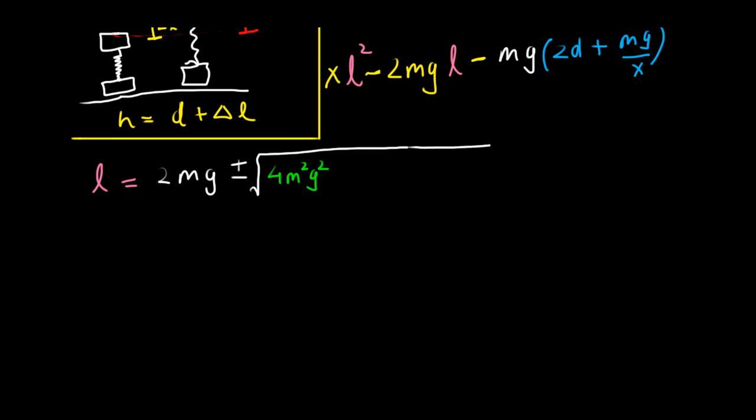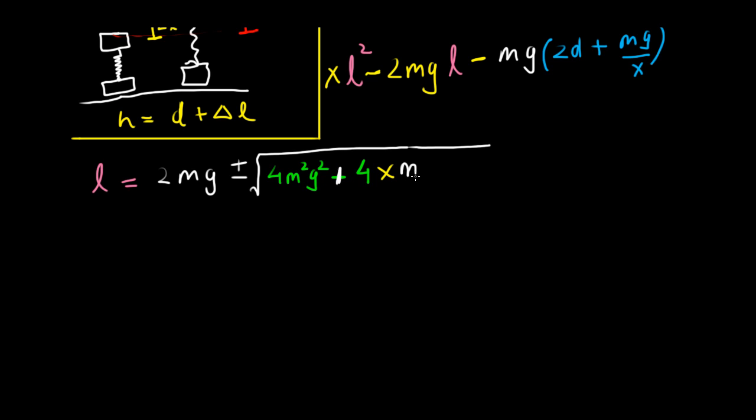B squared minus 4ac, 4a is x, times c, which is negative mg, so this becomes a positive.